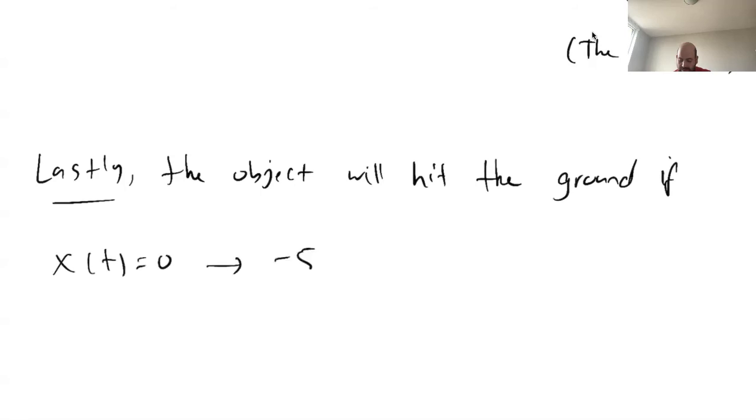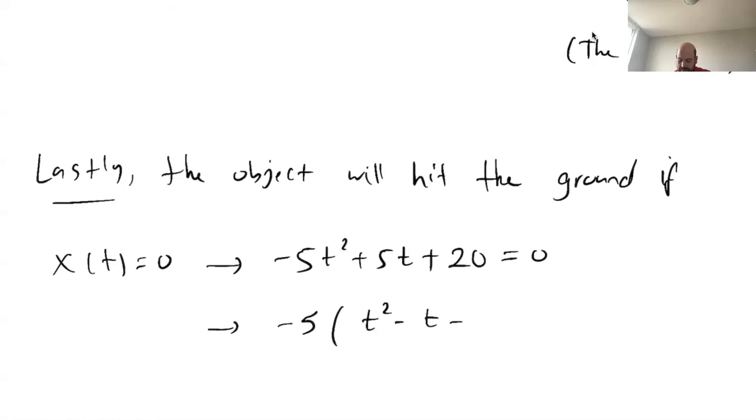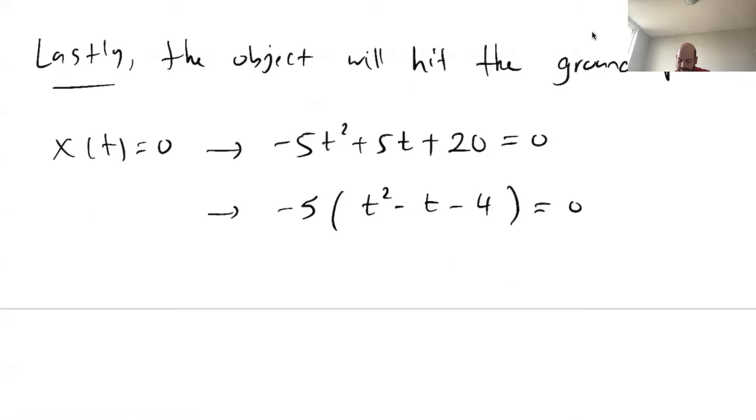So that gives minus 5t squared plus 5t plus 20 equals 0. So I can take minus 5 out: t squared minus t minus 4 equals 0. And then how much will be t?